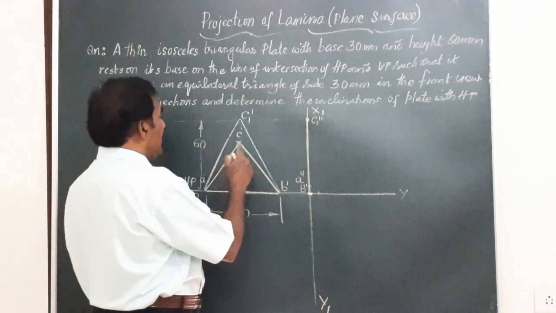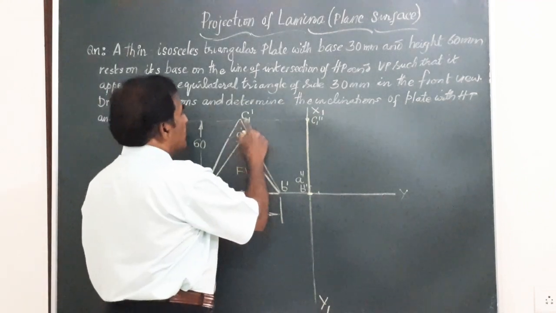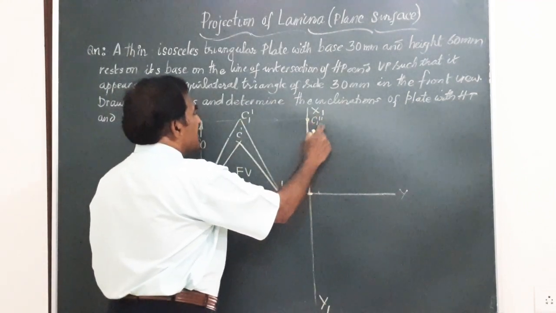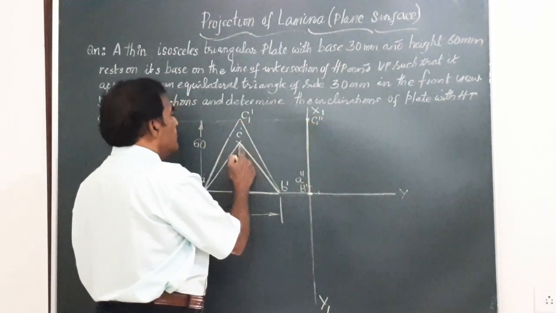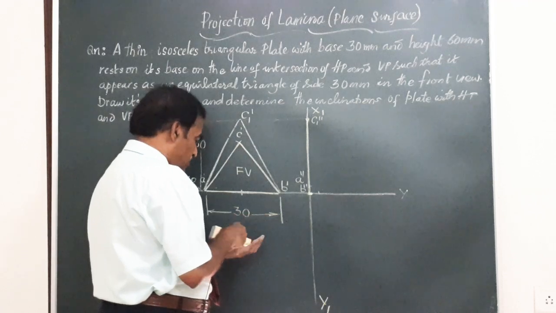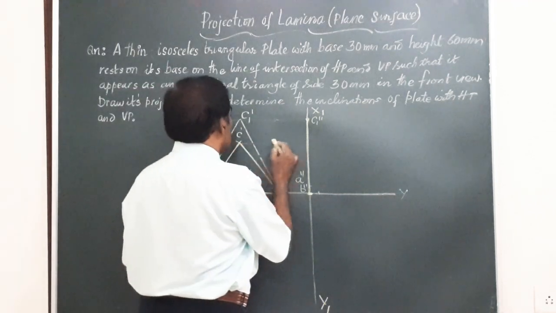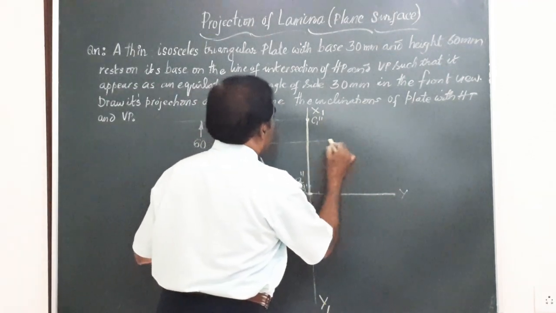Friends, when this lamina had this point here, we were getting the side view or the end view C1 double dash here. Now friends, it has moved down to this point C. So what I do, I draw a horizontal line through that point like this.